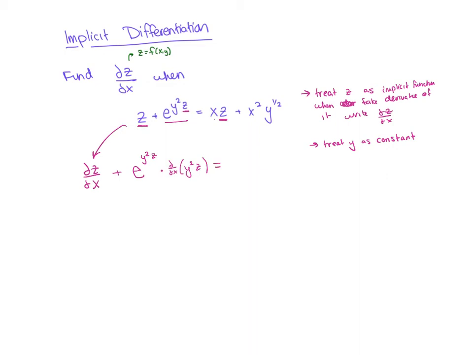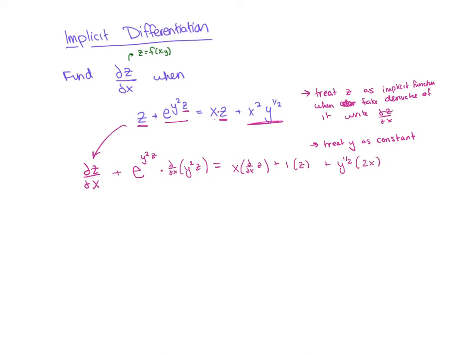The derivative of x times z, I have a product here. So I have x times the derivative with respect to x of z plus the derivative of x is 1 times that z, plus here I'm treating y as a constant, so that y to the 1/2 comes along, and I just take the derivative of x squared, which is 2x.